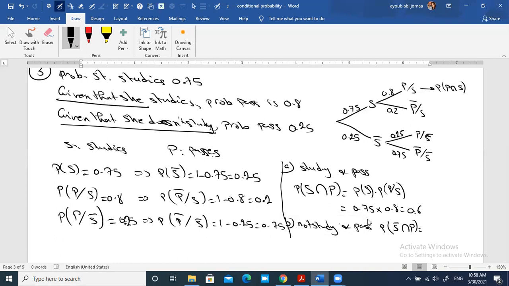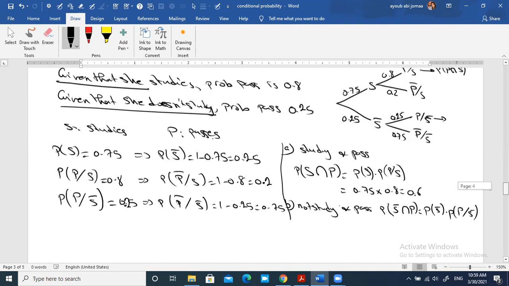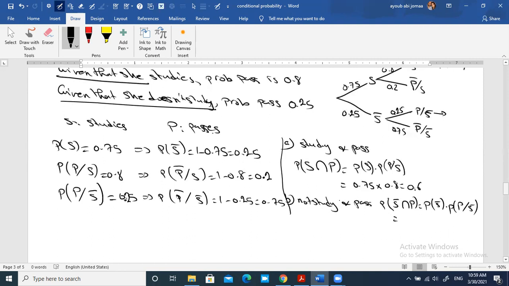S bar intersection P. فإذا it is the probability of S bar times probability of P given that S bar, which is equal to probability of S bar 0.25 times probability of P given that S bar, كمان 0.25, and then the answer will be 0.0625.